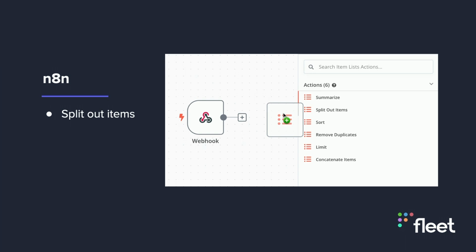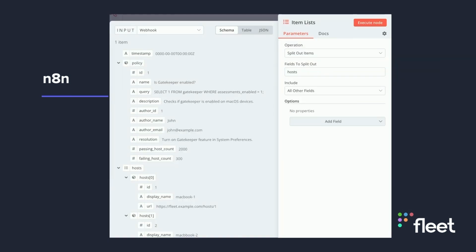So it's a matter of finding split out, drag that over, and when we get into there, you're going to see on the left-hand side, it's still early for me too, on the left-hand side is an example of the JSON data that you're going to get. So you're going to get things like the policy, the name of the policy, the query that was run, a description. That's that description that we put in the policy back then. And then also the resolution in there.